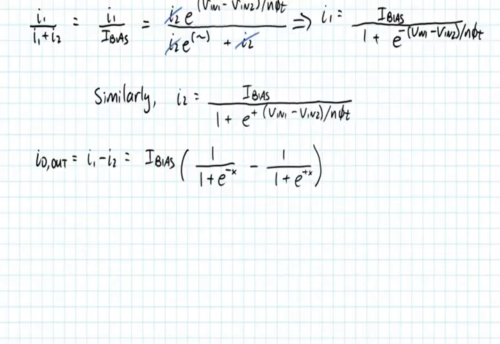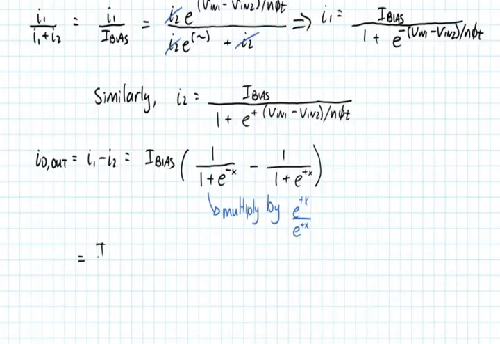So to simplify, we're going to multiply this branch by e to the plus x over e to the plus x. So we're multiplying by 1. If we do that, we get the following expression.